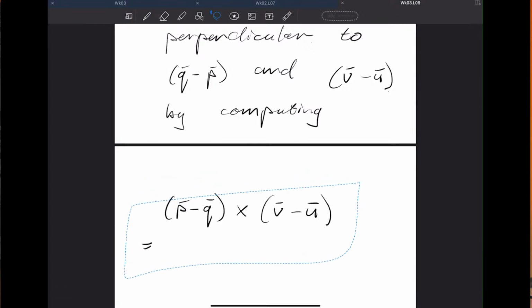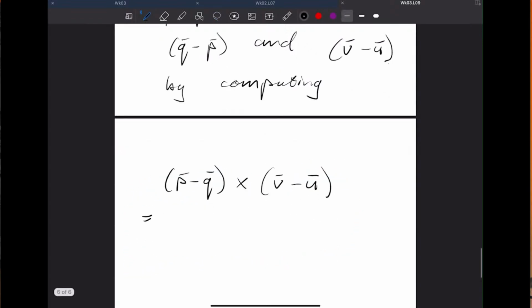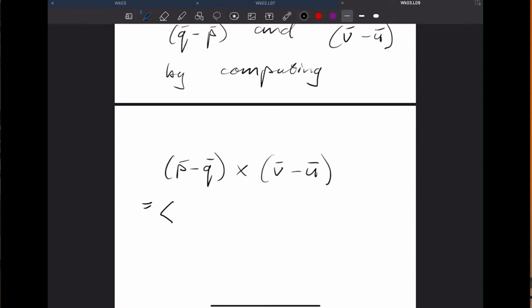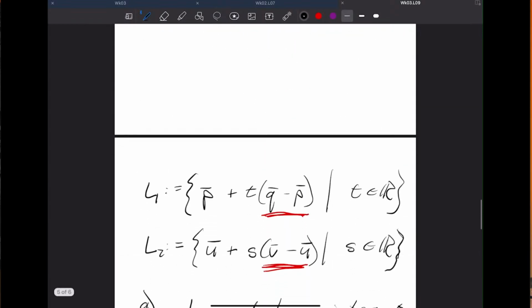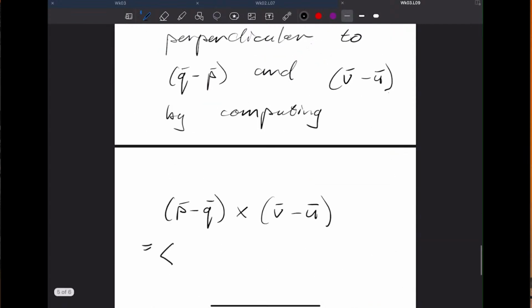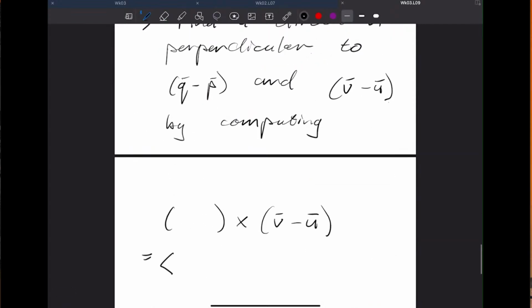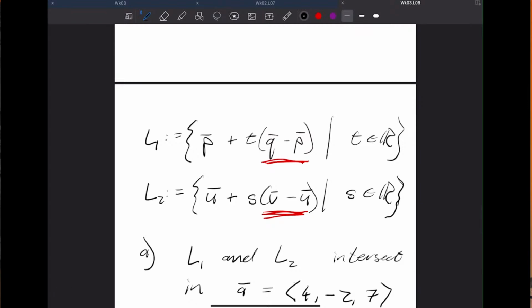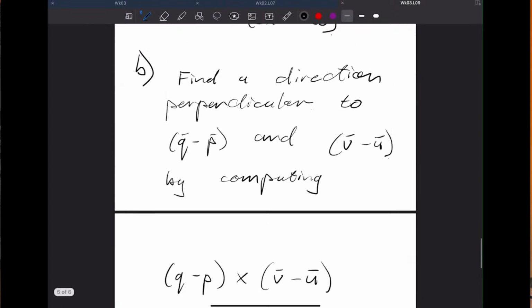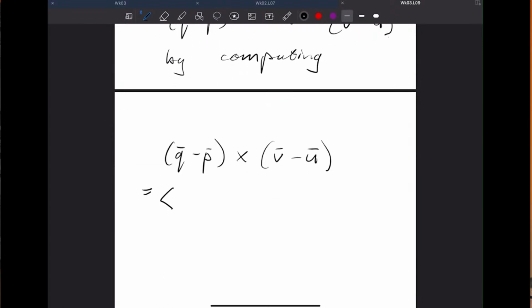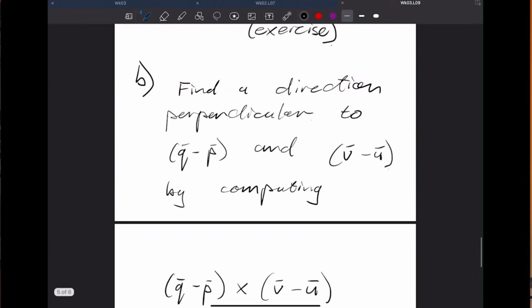Okay, so let's compute that. Notice here I just made a little mistake. That should be Q minus P. It actually doesn't matter, so let's just take a look.